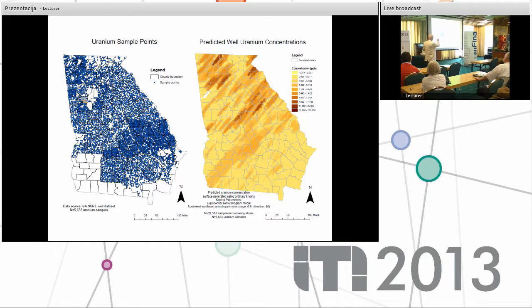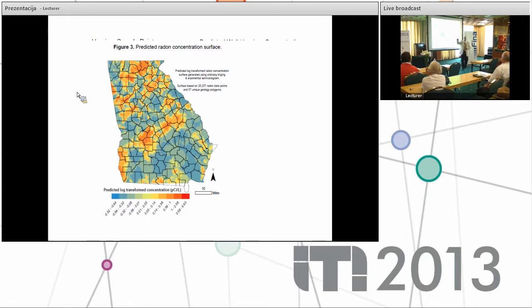And then they predicted, using kriging and GIS, taking all the measured levels at all of these points, and you can see there are significant patterns where the groundwater uranium is much higher. And the concentrations in these darker areas are way above the standards for safe drinking water, okay?